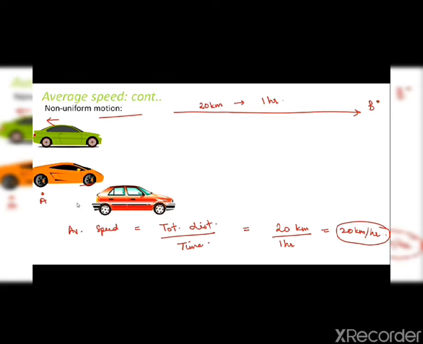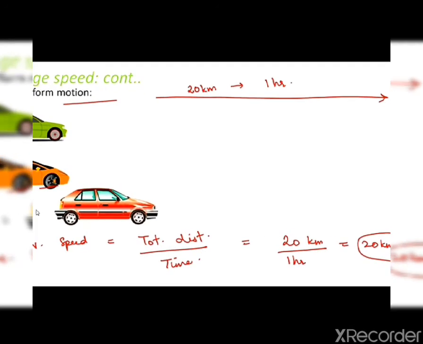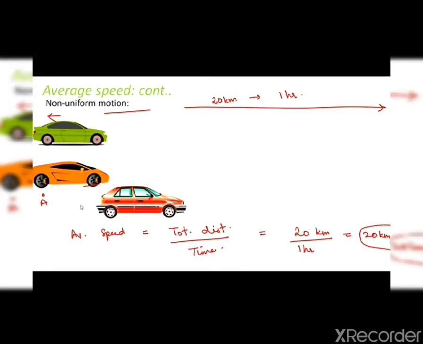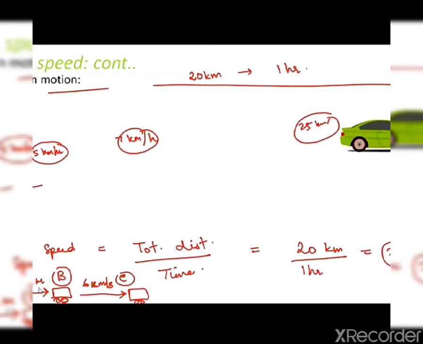But at different instances of time, this vehicle has different velocities. For example, when the vehicle was crowded by two other vehicles, it had a lesser speed. Maybe the speed of the vehicle at this point is say 5 kilometers per hour.